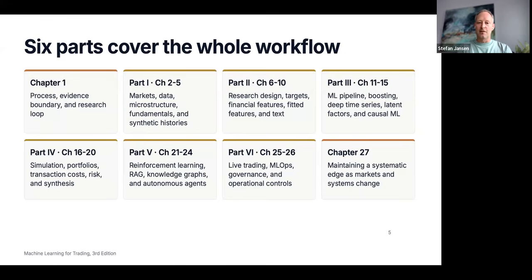Now, of course, in 2026, we have to dedicate substantial space and attention to generative AI. So besides reinforcement learning, which is still around, but is covered very differently in this edition, in the sense that we look at market making and execution and hedging as main applications for reinforcement learning, rather than a trading bot that trades independently, as we had in the second edition.